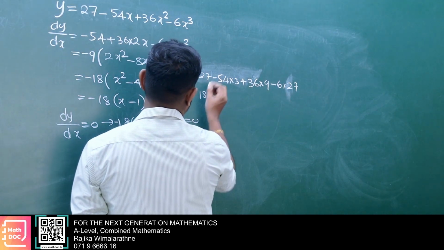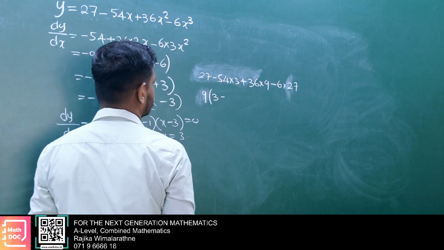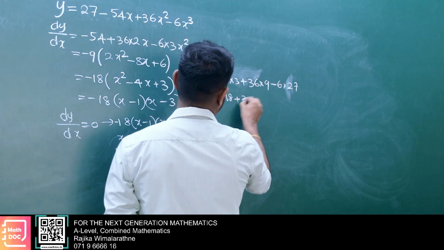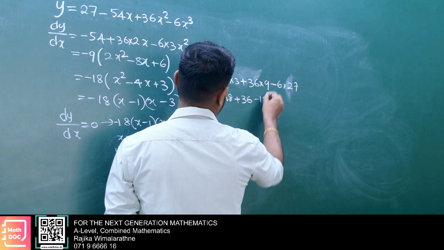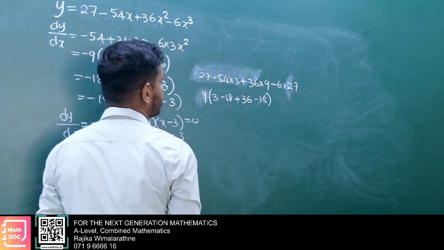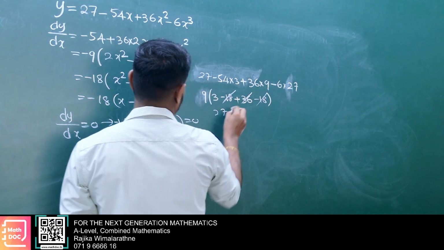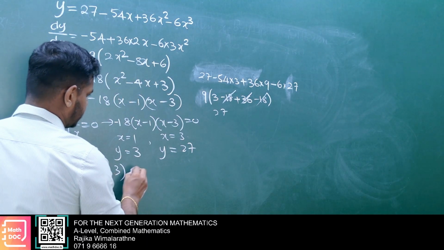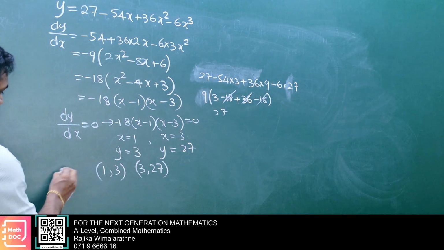Take 18 outside, so 9 outside, 3, 18, 36, minus 18. So the value is 27. The points (1, 3) and (3, 27) are the critical points.